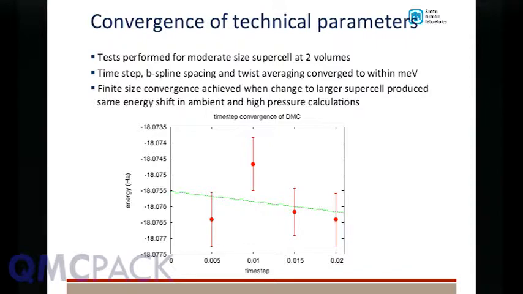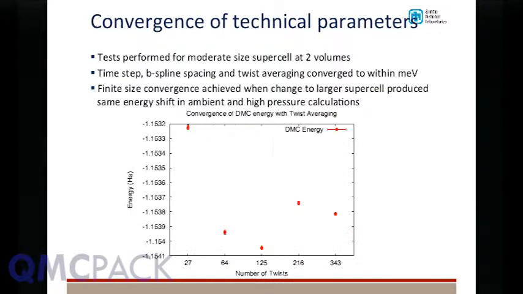Time step convergence with these sort of pseudopotentials and the elements that I did was typically very, very easy to do. So this was something about doing the calculations within a single phase, where I don't have to absolutely converge the finite size effects. I showed this figure before about the energy as a function of the number of twist angles that I did in my calculation.